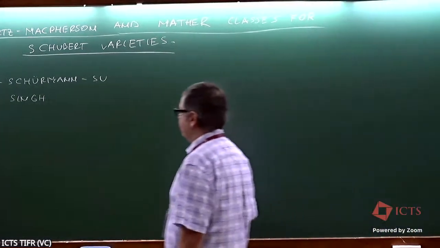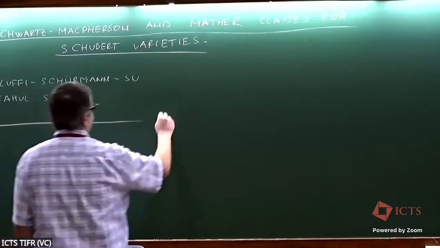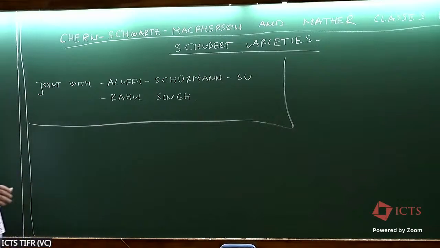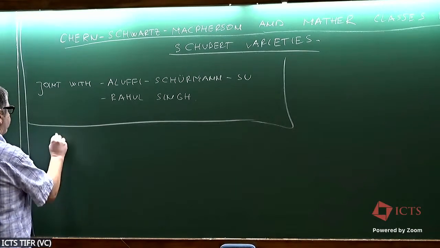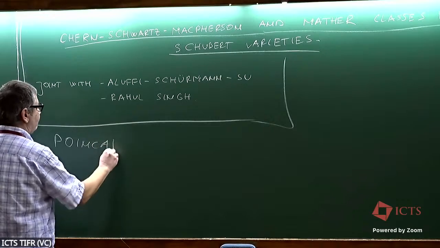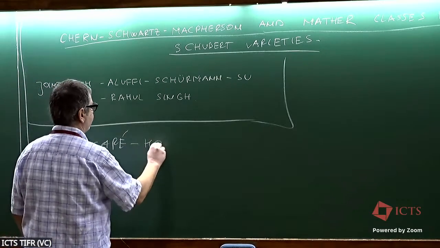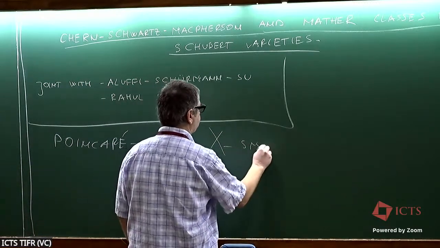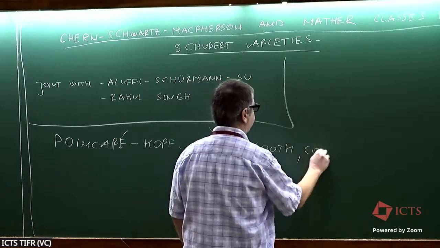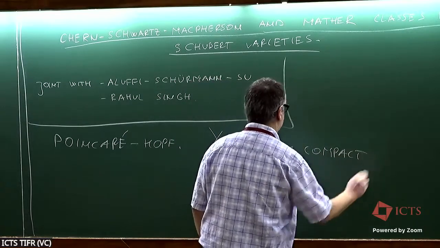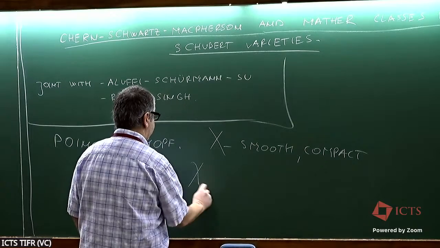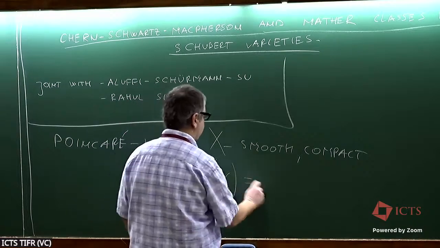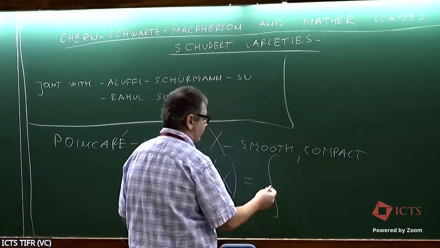So let me start with the classical Poincaré-Hopf theorem. By the way, if you can't see my writing, just let me know. I'll try to write bigger. The Poincaré-Hopf theorem, or a version of it, says that if X is smooth and compact, then you can calculate the topological Euler characteristic, maybe with compact support, as an algebraic quantity in some sense.